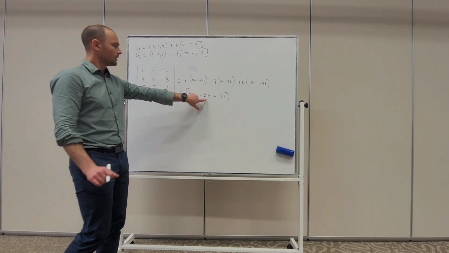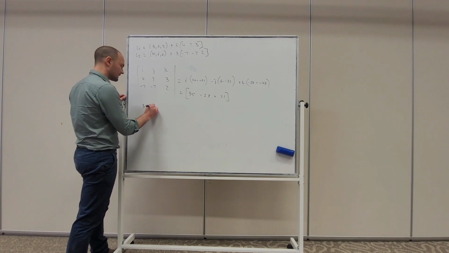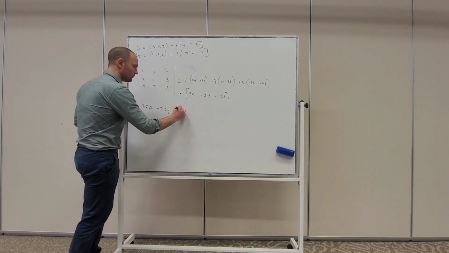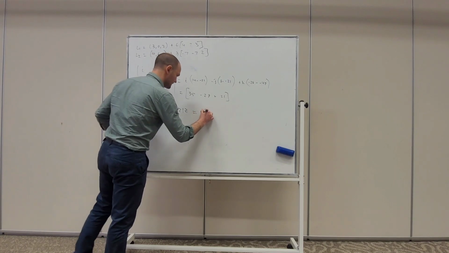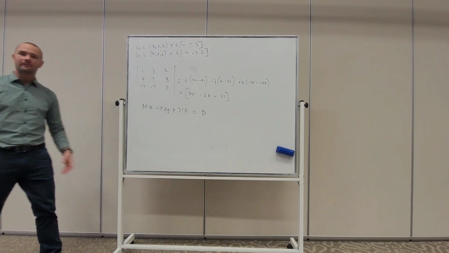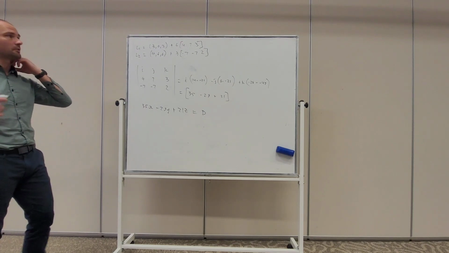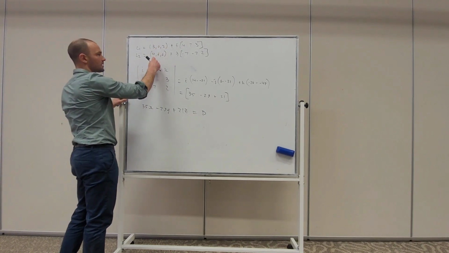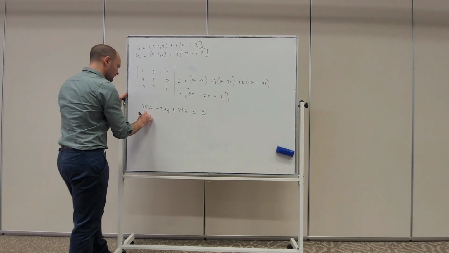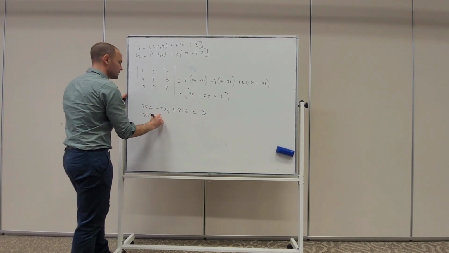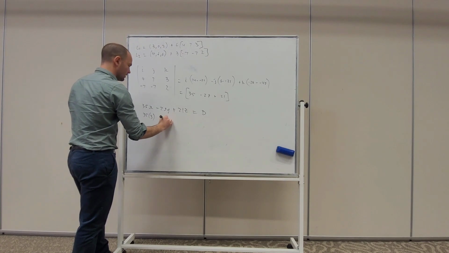So that means that we have 35x, take 29y, plus 21z equals d. And the way we find the value of d is we substitute in any coordinate that lies on the plane. We know both of these coordinates lie on the plane, so let's substitute this one in, 3, 0, 2. So we have 35 times 3, 29 times 0, and 21 times 2.